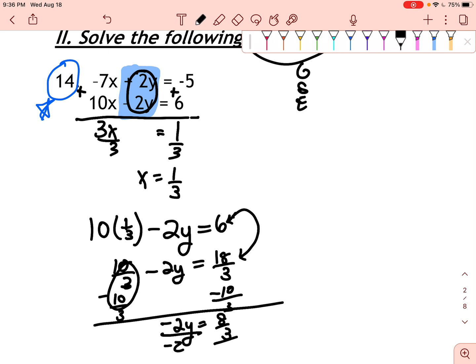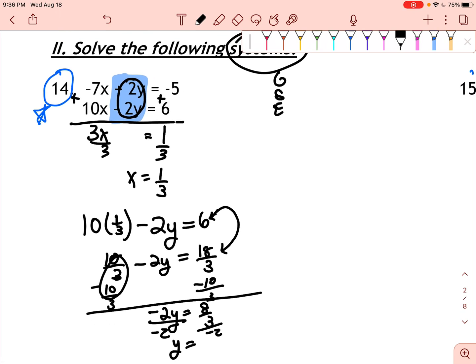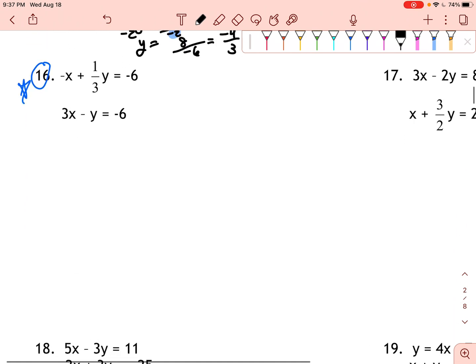And when I divide by negative 2, I'm going to end up with y is equal to, if I divide something by 3 and I'm dividing something by negative 2, it's the same thing as me taking the 8 and dividing it by negative 6. This simplifies down into negative 4/3. Final answer, 1/3, negative 4/3. And of course, you can take your answer and plug it back in, which is why math rocks.